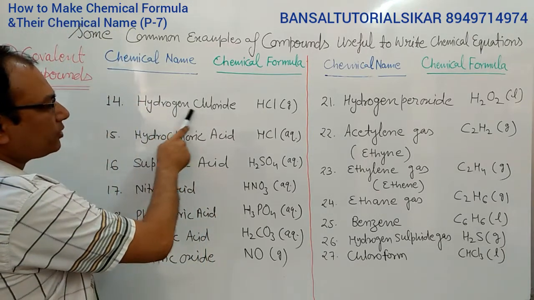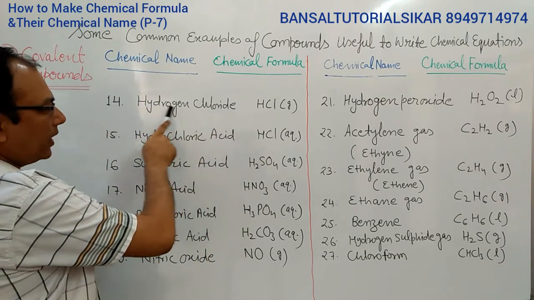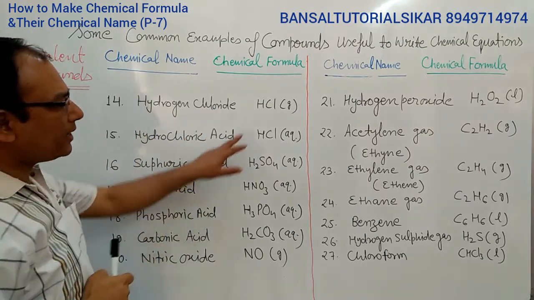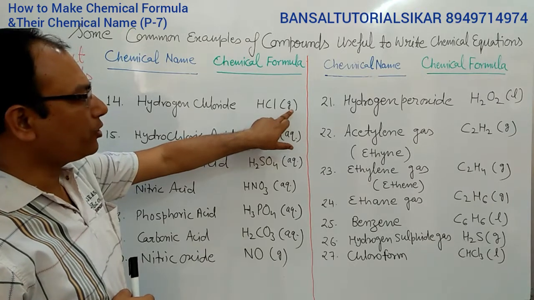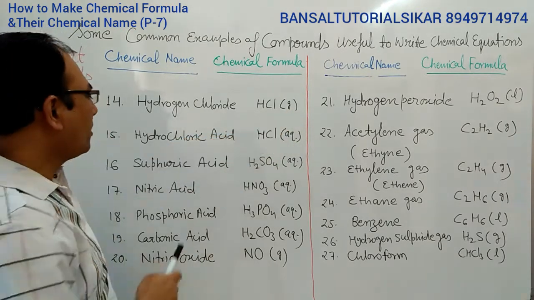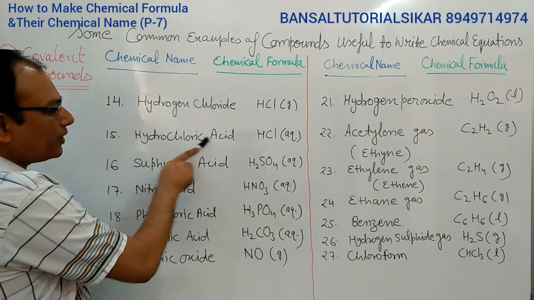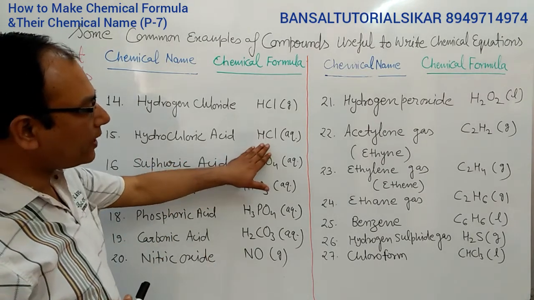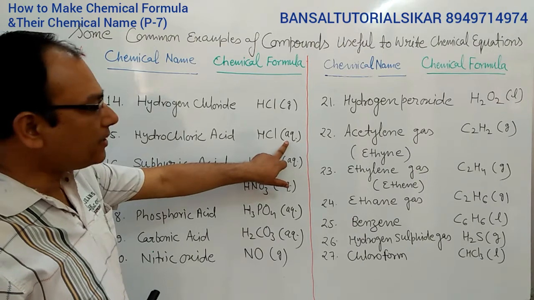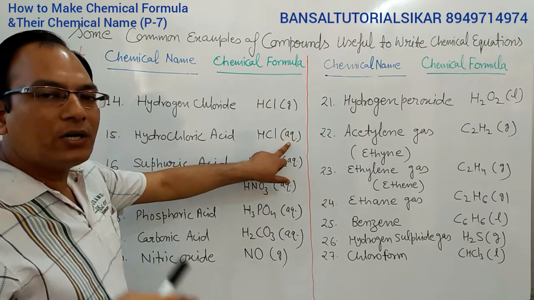This is hydrogen chloride. If hydrogen chloride is written, you will write down HCl, and it is gas, gaseous state. So you put a small g here. If hydrochloric acid is written, then you will write down the same formula, but you will place here aqueous or dilute or concentrated.